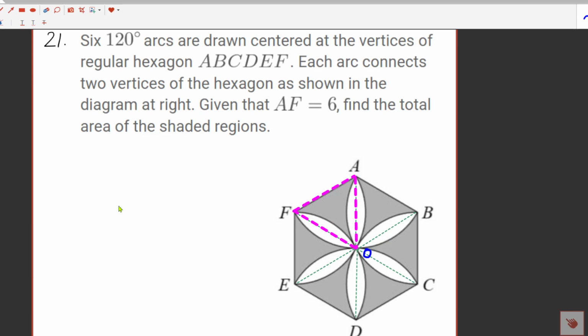To find the area of the circular segment OF, we then can subtract triangle OAF from the area of sector OAF.